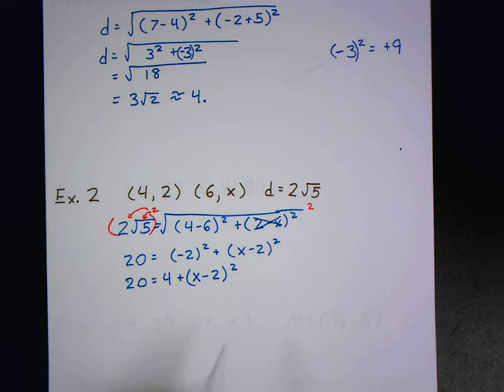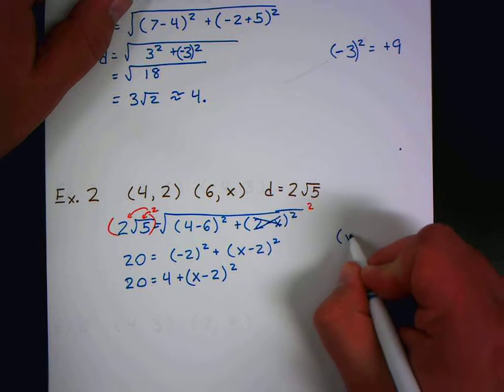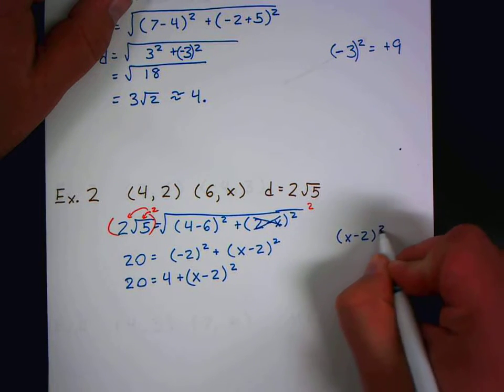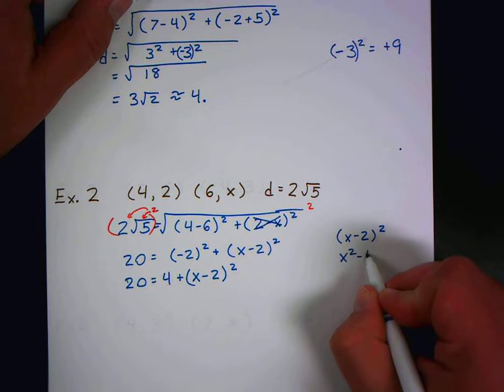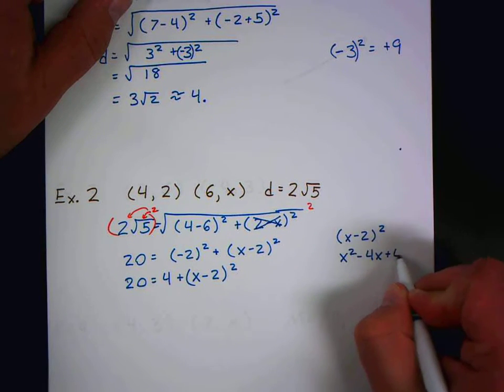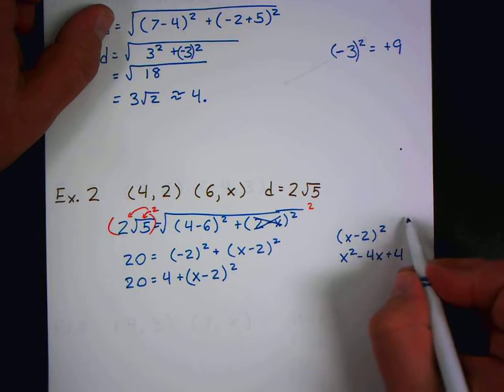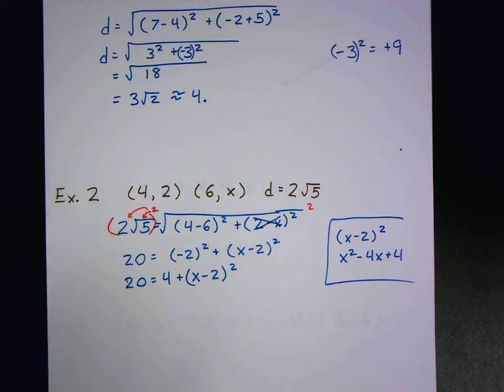Now, hold off your desire to square that. Reason is, if you square that, you have to FOIL it. If I take that and I square it, what I'm going to do is I'm going to end up with this. That is a mess.